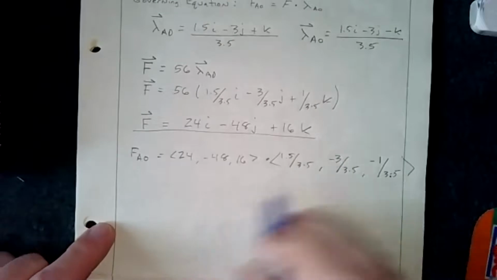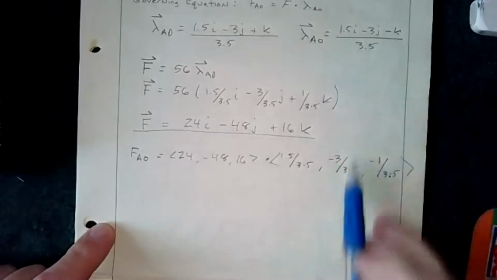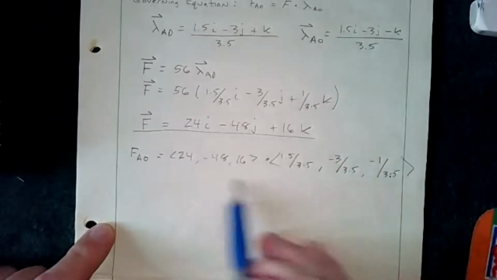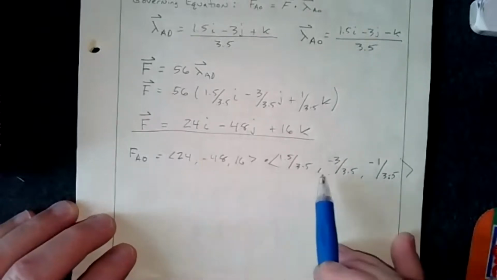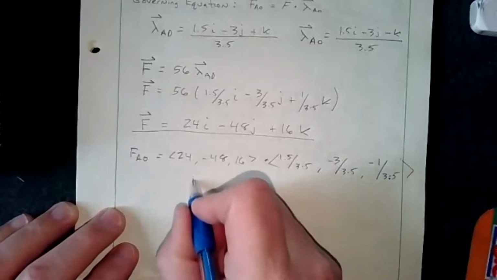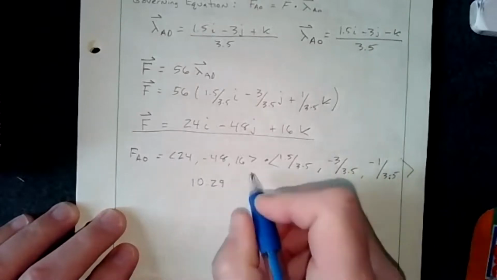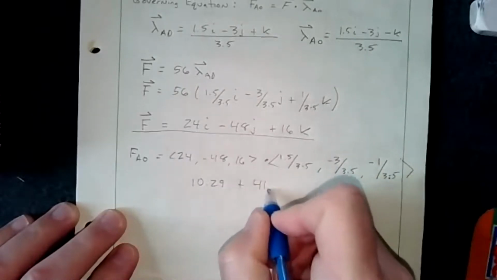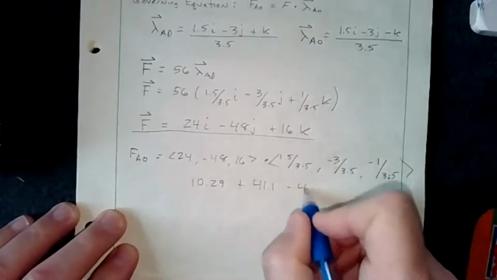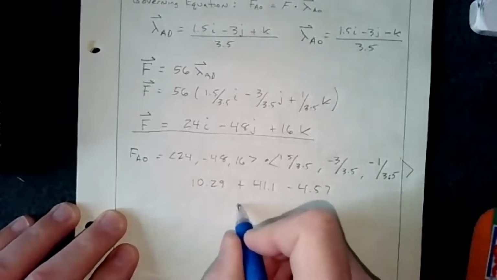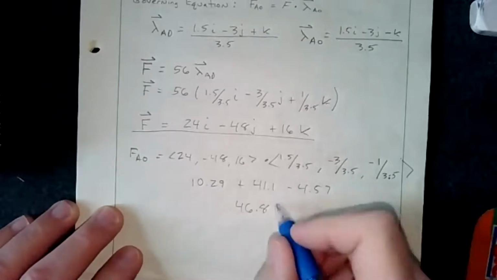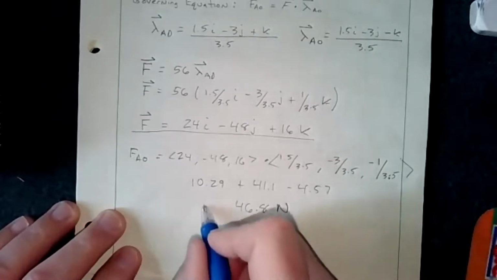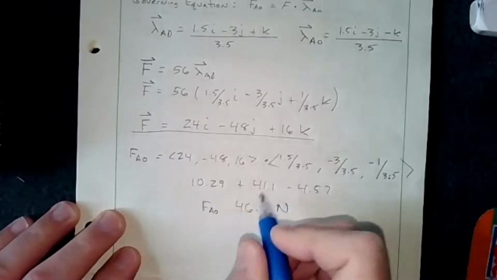Okay, so there's AO up there, there it is down here. So we'll just dot product that together. If we do that, we end up with 10.29 plus 41.1 minus 4.57 yields 46.8. And so we have 46.8 newtons. That is our projected FAO.